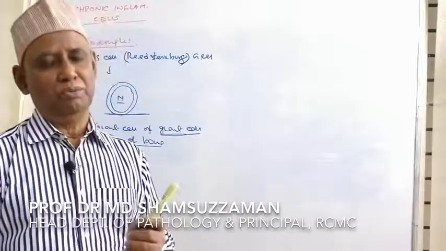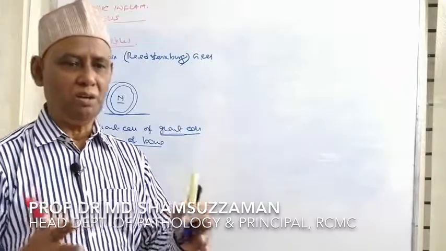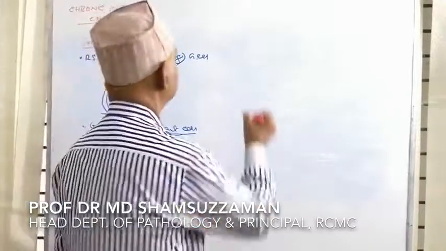We know inflammatory giant cells are formed by fusion of macrophages. Now come to how tumor giant cells are formed.